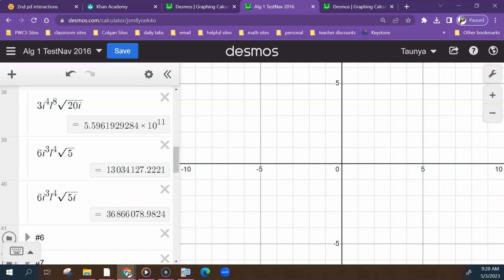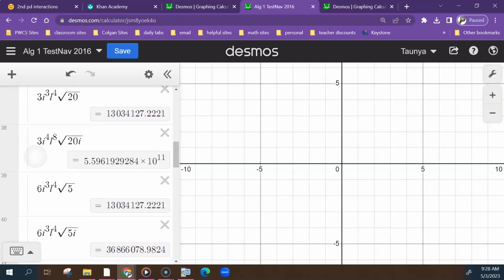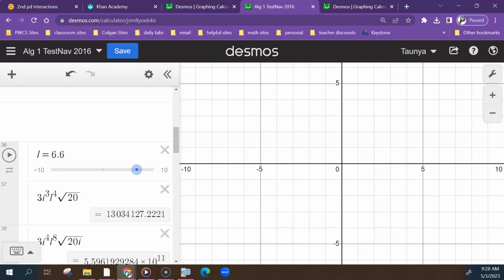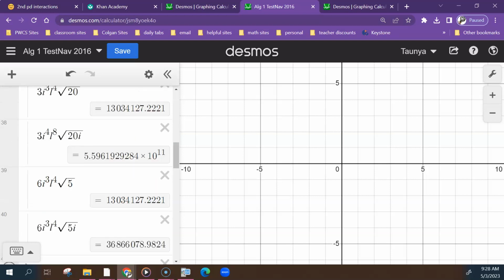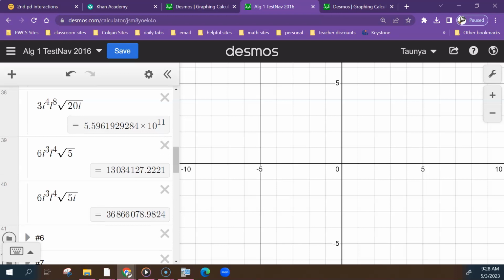One will not be as simplified as the other. So these two, something's wrong with that one, but that one should have been the answer. I didn't type in something correctly. X is 4.